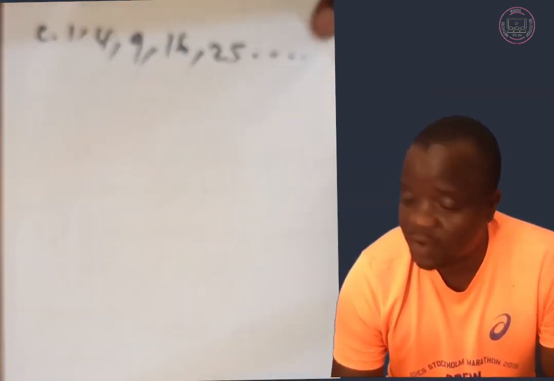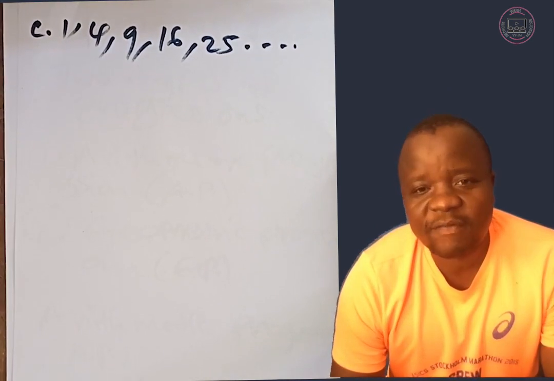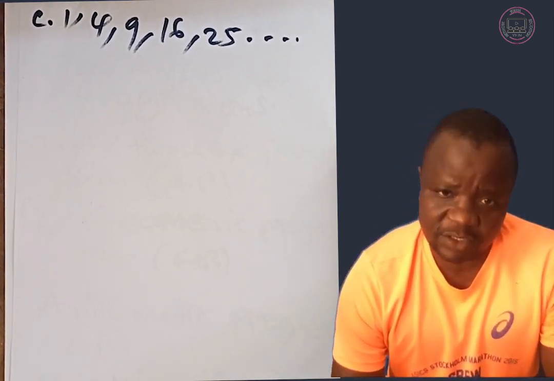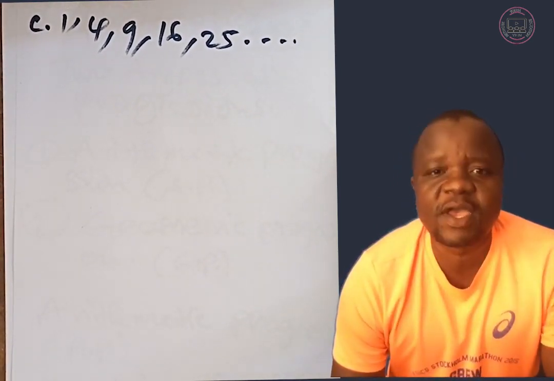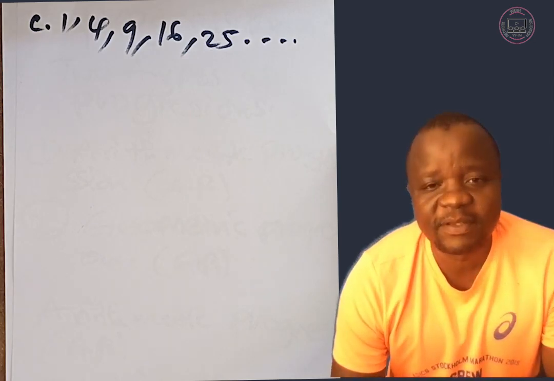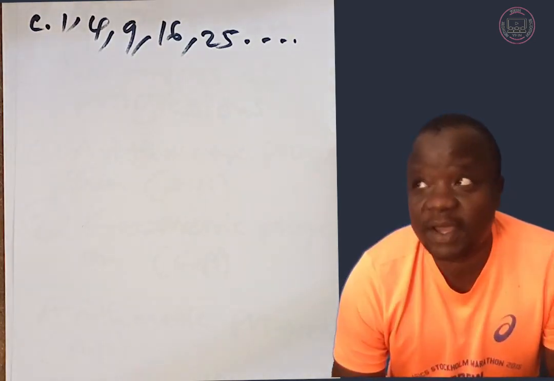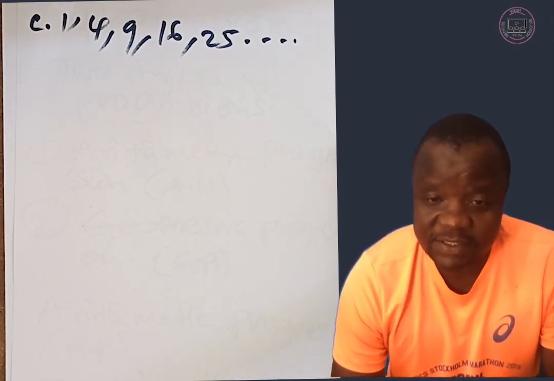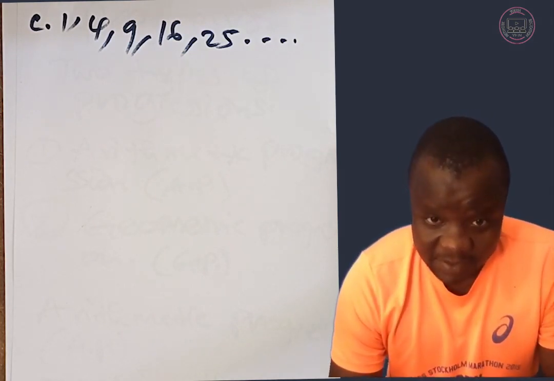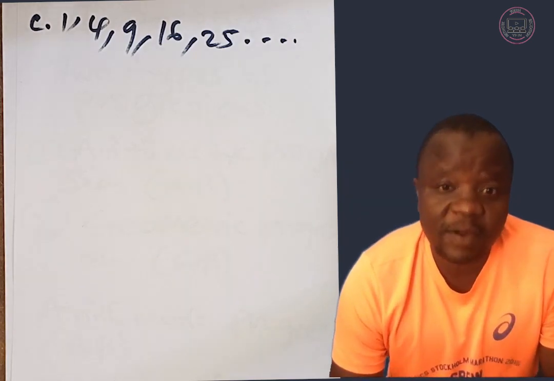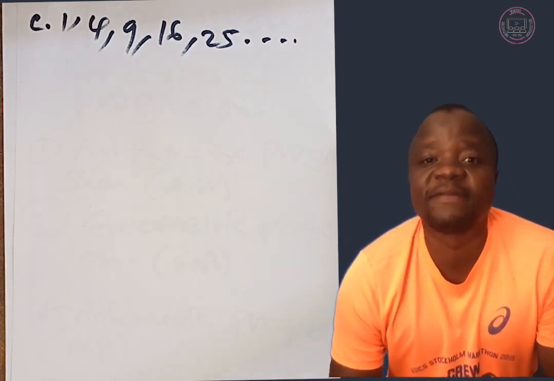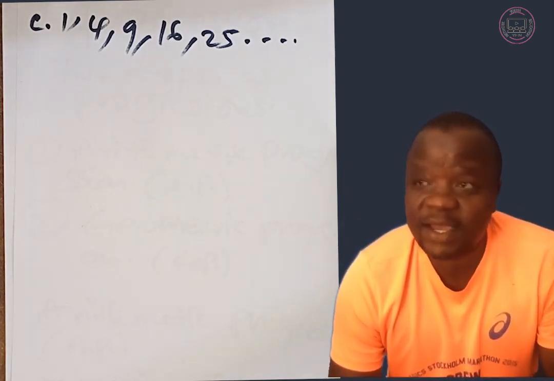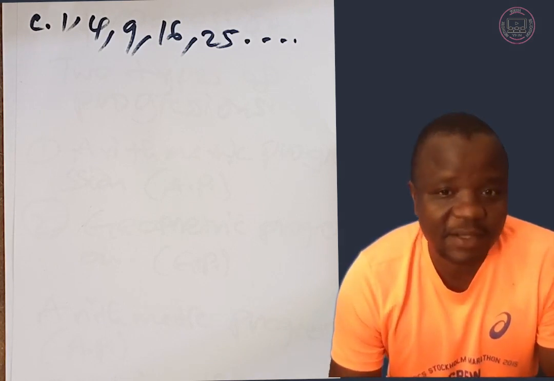But we need to understand that when we talk of arithmetic progression, not all sequences that might be given to you are progressing arithmetically. So of these three sequences, one of them might be an arithmetic progression, but the question is, how do we identify a sequence being an AP, or an arithmetic progression?